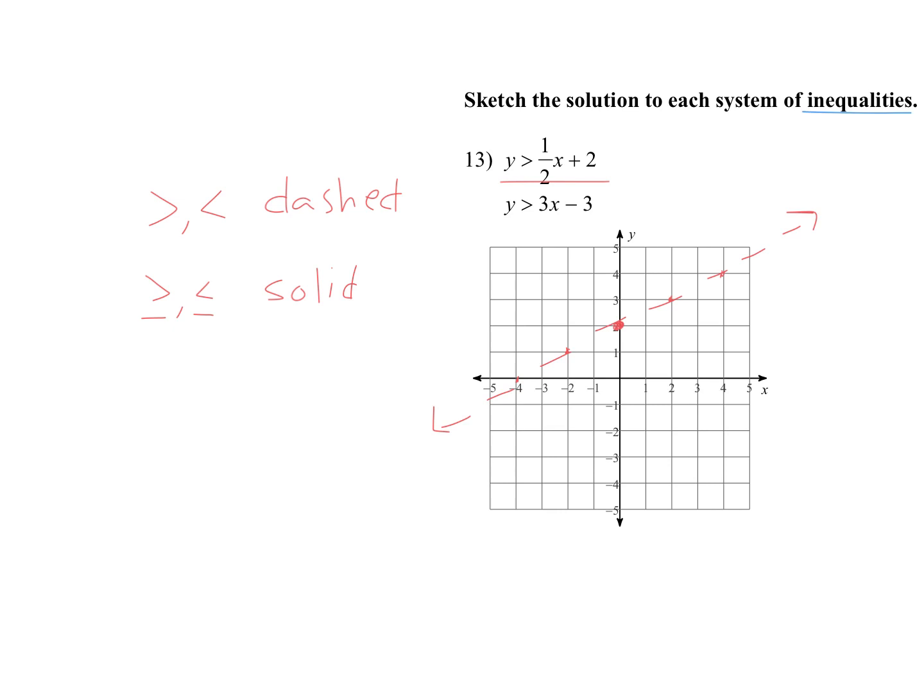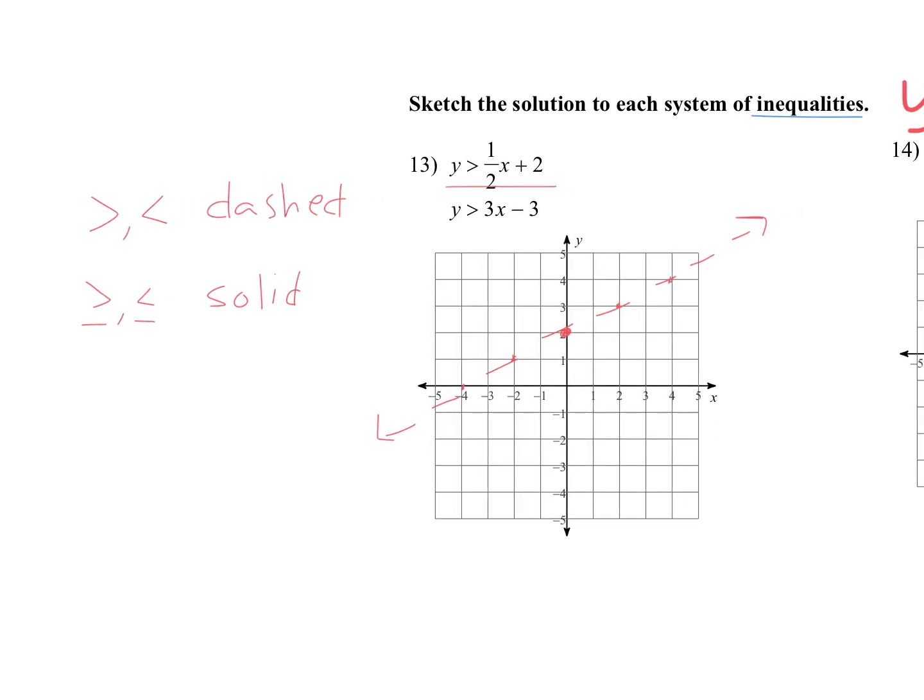What is the one other thing we need to do with inequalities? Arrows. Okay. I like to do it one line at a time so I don't get lost. This one says it wants all the y's greater than. So is greater than, am I going to shade up or down? Yep, I'm going to go up. So I'm going to put arrows up just to remind myself for later.